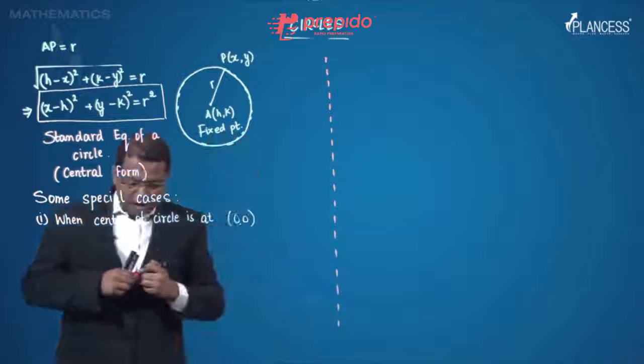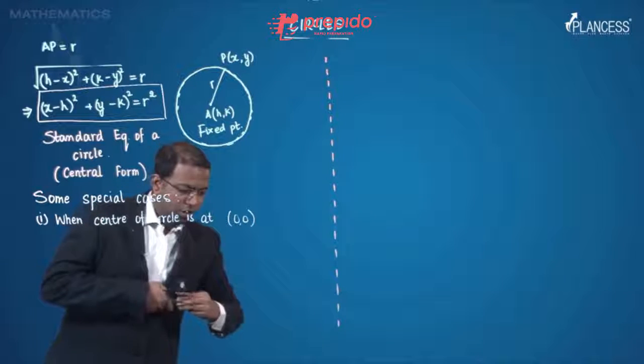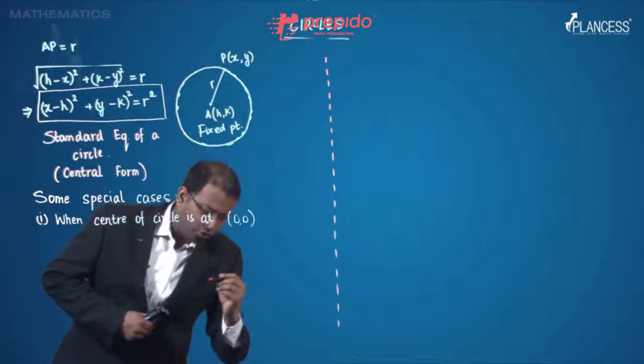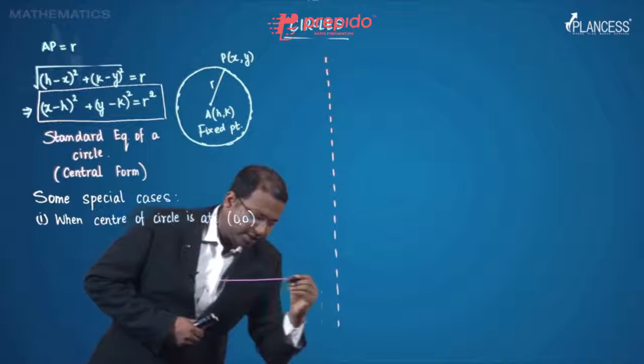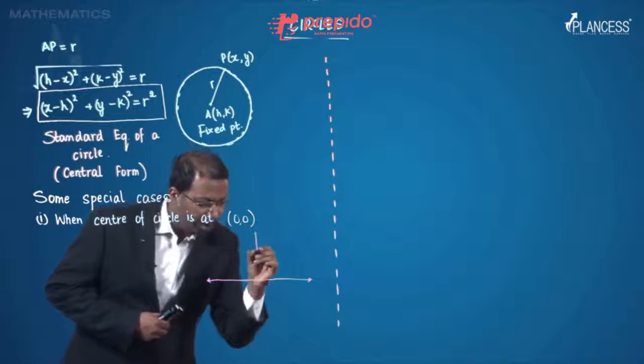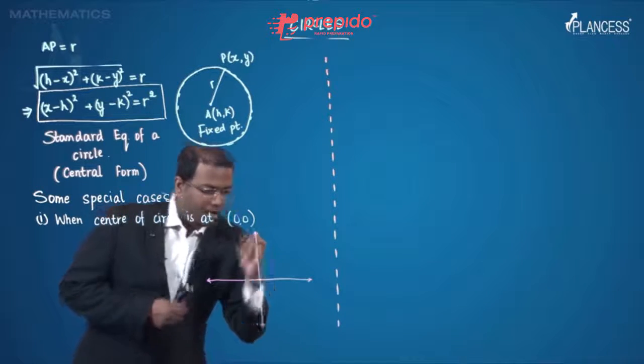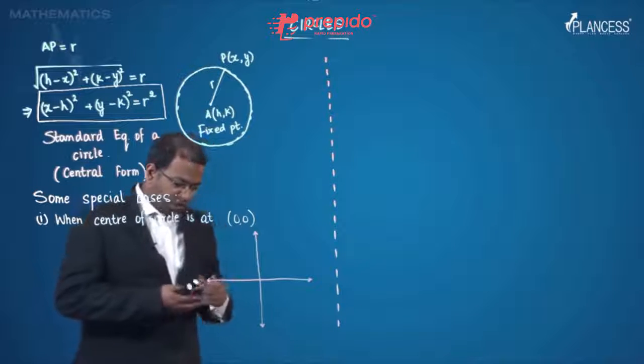Let me first draw an x-axis. Let me draw another y-axis, and then we have a circle.